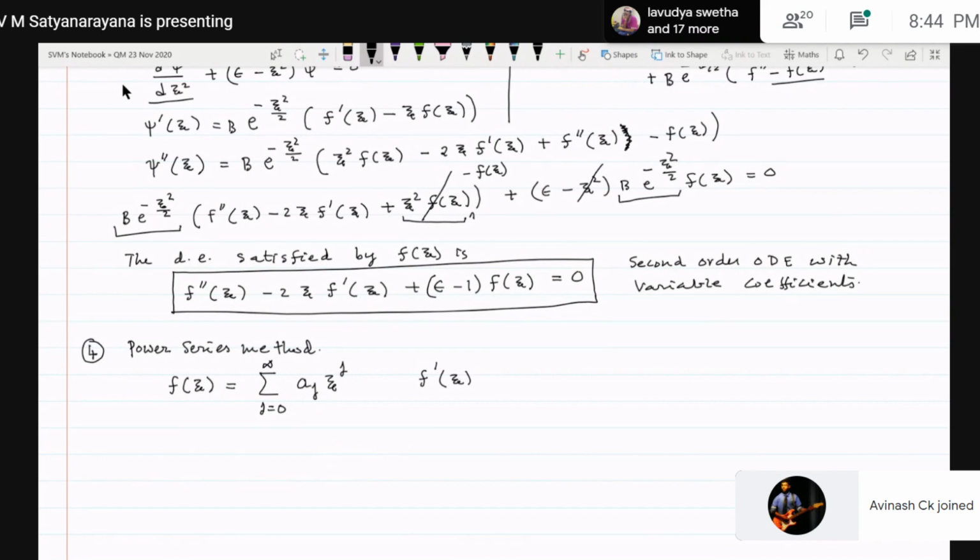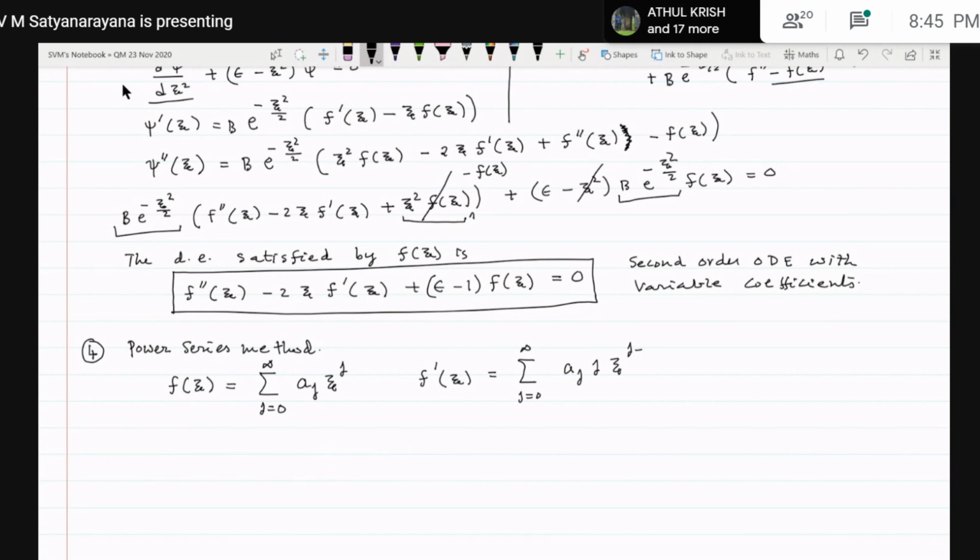So your f prime of xi is equal to sum over j equal to 0 to infinity a_j into j into xi to the power j minus 1. And f double prime of xi is equal to sum over j equal to 0 to infinity a_j j into j minus 1 into xi to the power j minus 2.